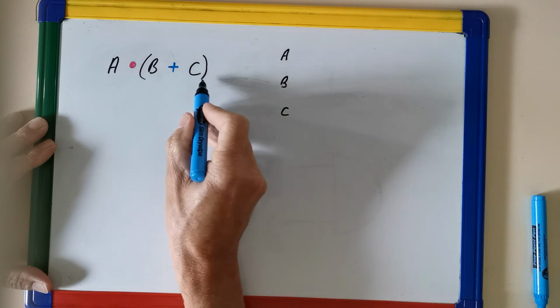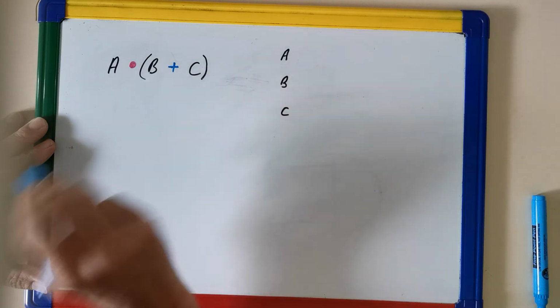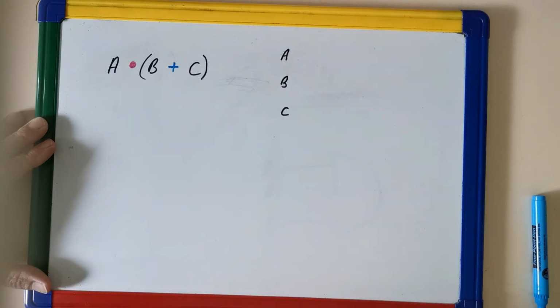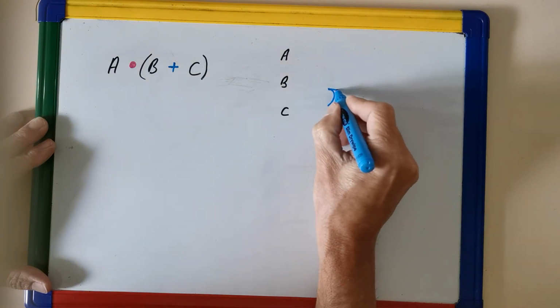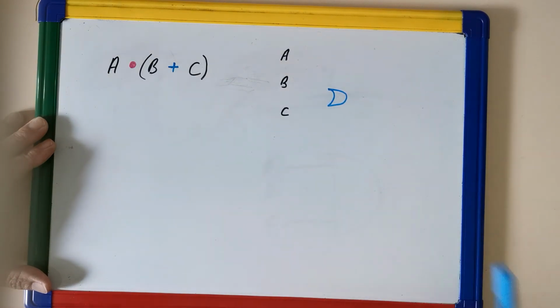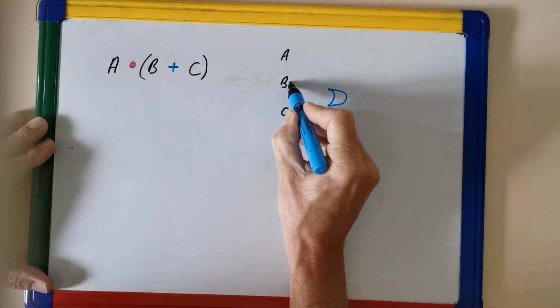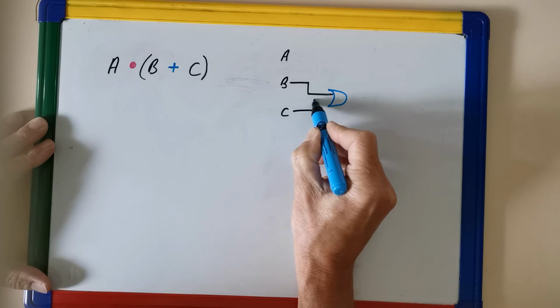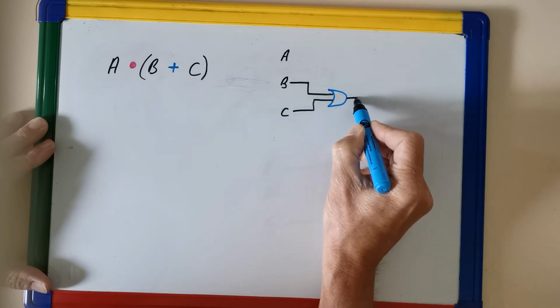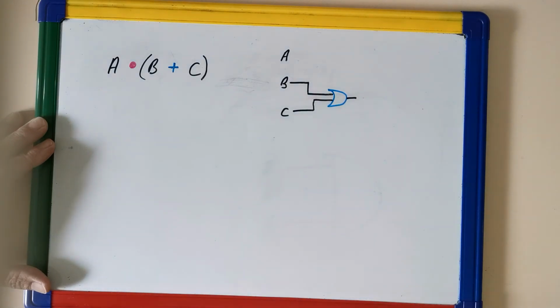We look at what's in the bracket, B along with C, into an OR gate. So I draw an OR gate somewhere sensible, just pretty near B and C. Feed in B, feed in C. We're going to have an output from the OR gate.